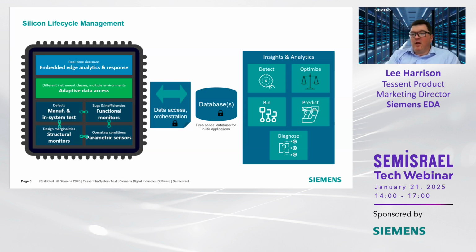So really opening up your silicon to be able to have a huge amount of analytics throughout the life of the silicon within its natural product environment.